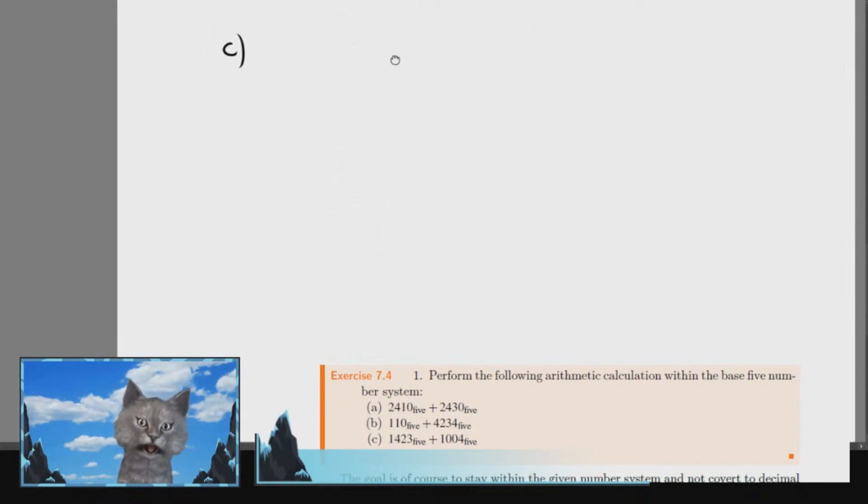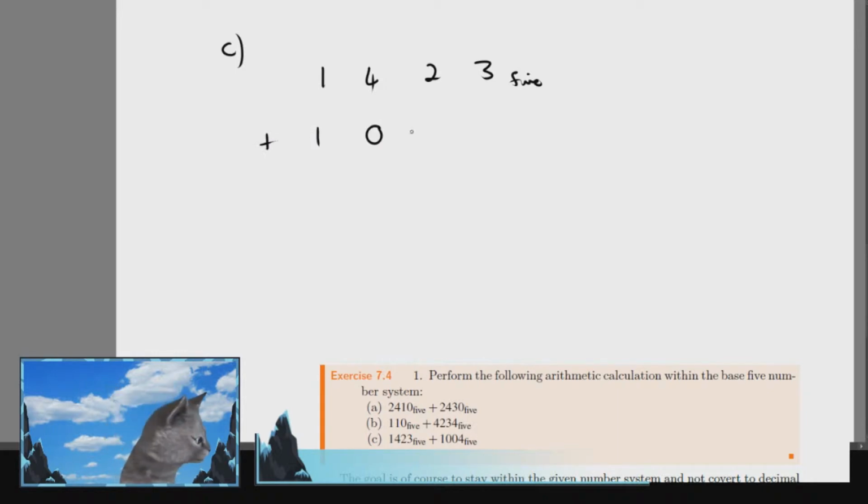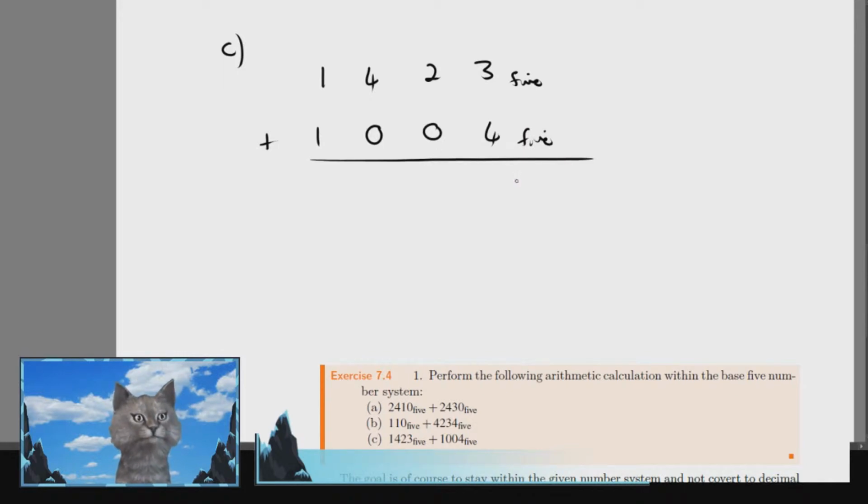It's the carrying over. Let's see the next one. 1, 4, 2, 3, base 5, plus 1, 0, 0, 4, base 5. All right, right to left, the method does not change. 3 plus 4 is 7.